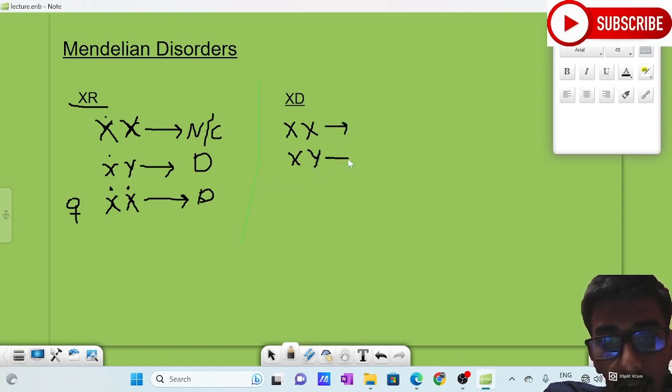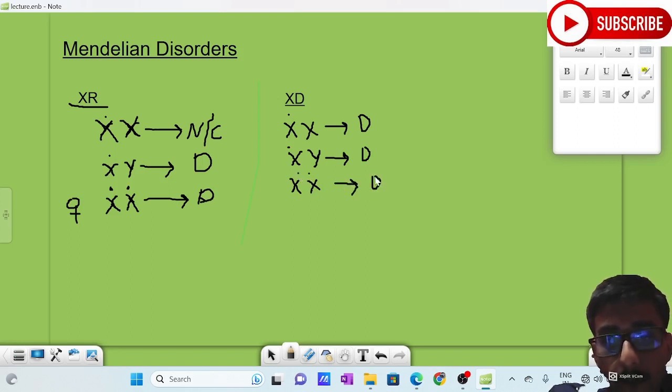The disease occurs when the mutation is in the dominant condition, which means even if one X is present, the organism will be diseased. We know that the male is already diseased because of only one X. What is the condition if two are present? If two are present, it will surely be a diseased condition. This is the case of X-linked dominant.